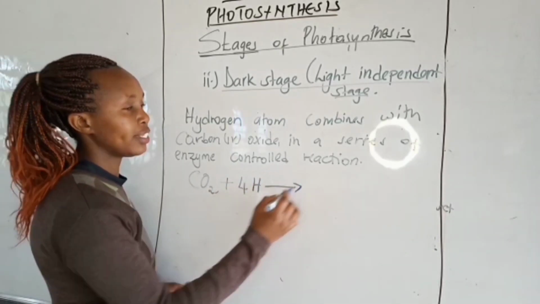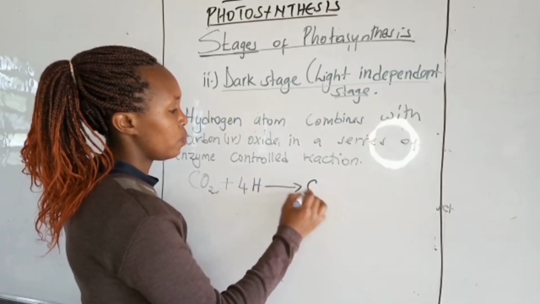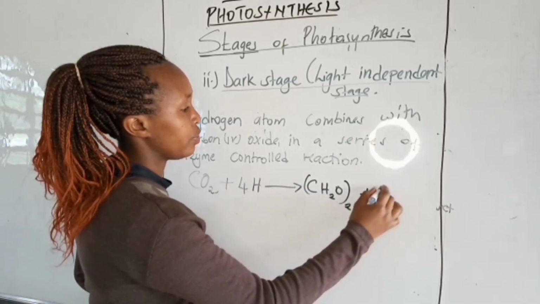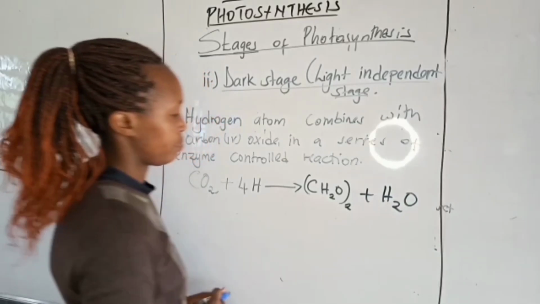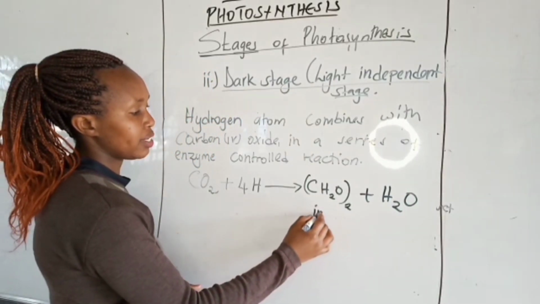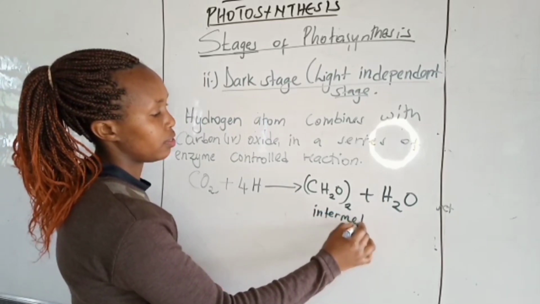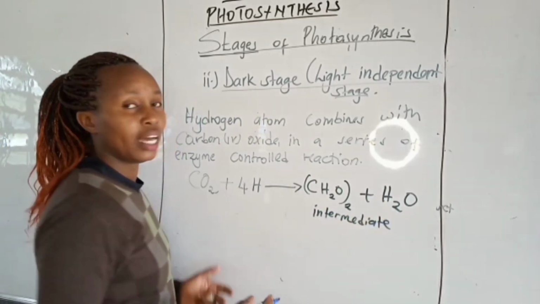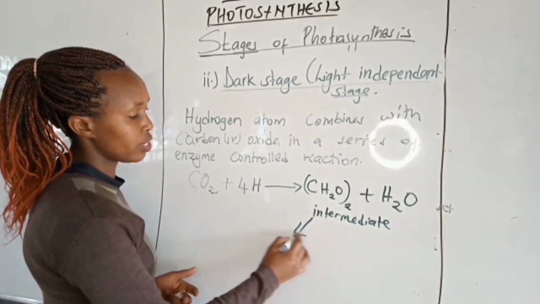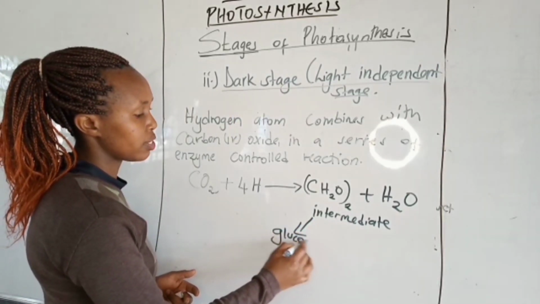We are going to get a simple carbohydrate, which is written as CH2O, and we are going to get water. This is an intermediate product that will undergo further reactions to produce other carbohydrates like glucose.